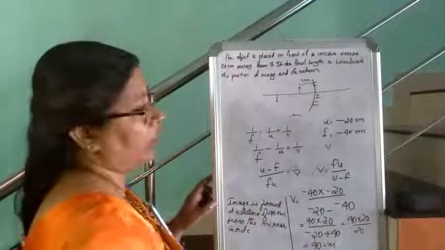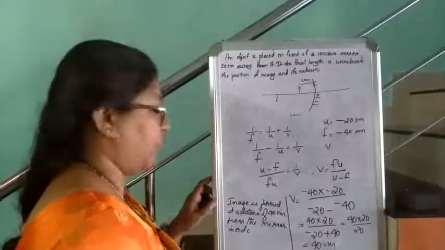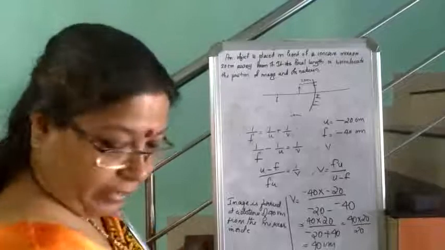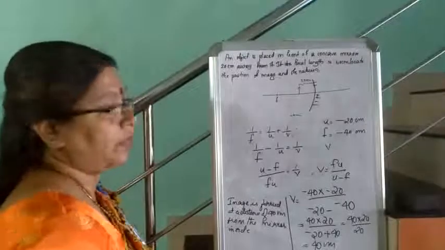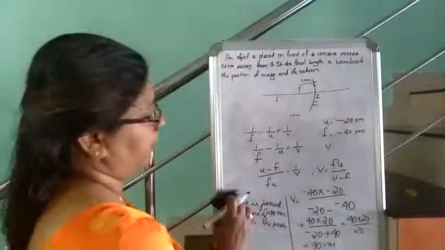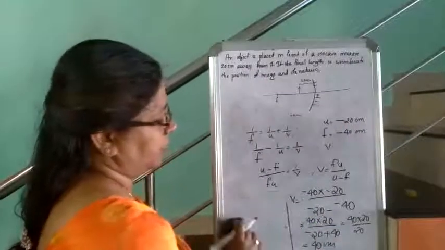So what is the nature of the image? We can write the nature of the image also. Once again we will write it as a clear answer. How do you write?